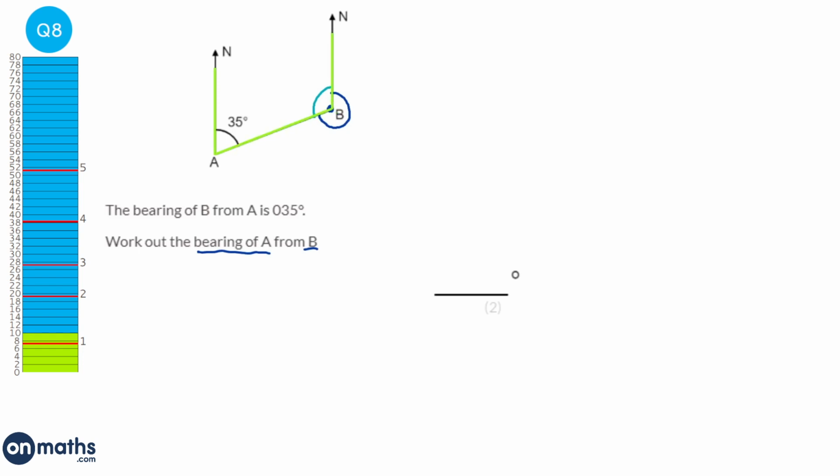To work out this angle, we can do 180 take away 35, and that would give us 145 degrees. So this will be 145 degrees. The method we use for that is that they are interior angles.